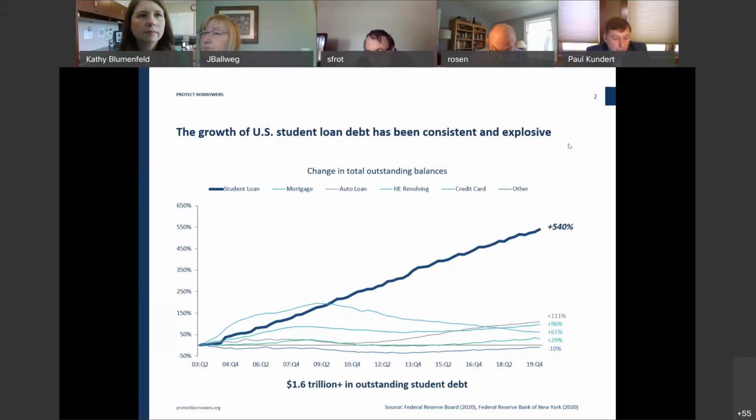There's now nearly $1.7 trillion of student loan debt in America, and it has grown at a rate that surpasses all of the rest of consumer products to such an extent. It's actually quite remarkable.